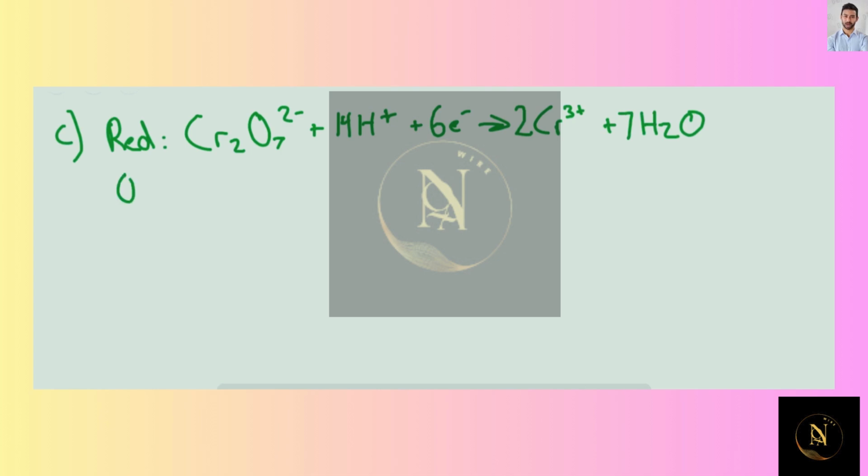For the oxidation reaction, we have this methanol, CH3OH, reacting with water, being oxidized to form HCOOH, or formic acid, plus protons and electrons.